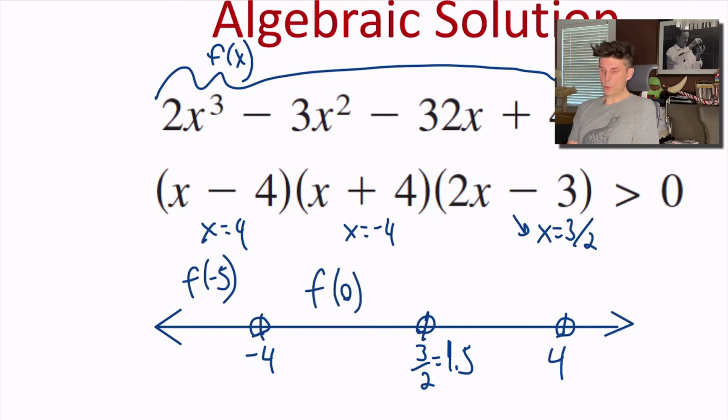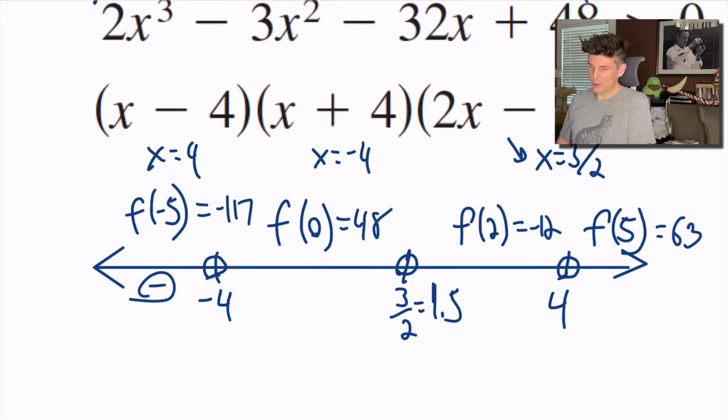A value between 1.5 and 4, let's just do f of 2, and then something to the right of 4. As promised, I evaluated f of -5, f of 0, f of 2, and f of 5.